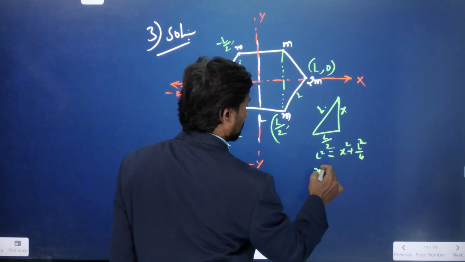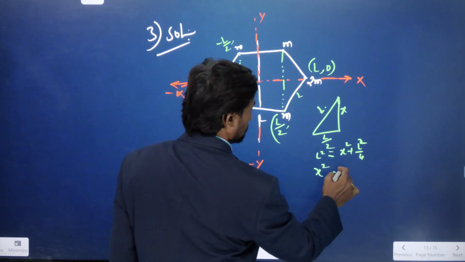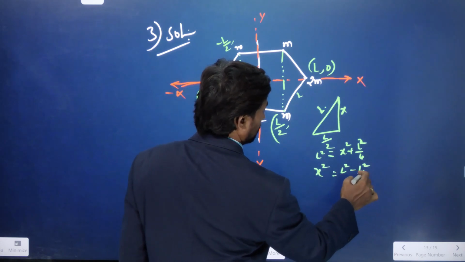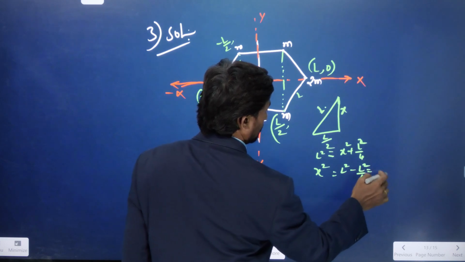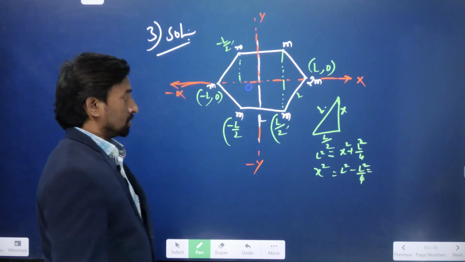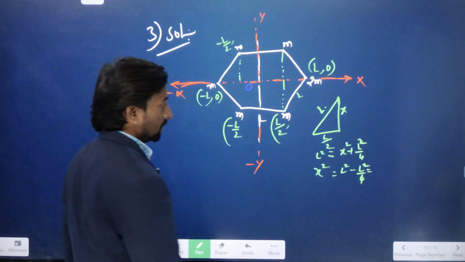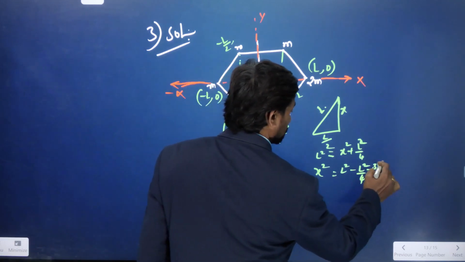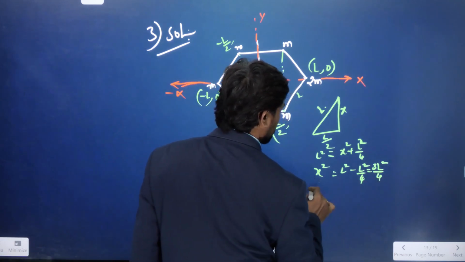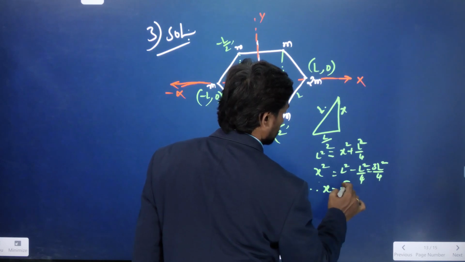Now x square is equal to L square minus L square by 4, which is 4L square minus L square by 4, so we get 3L square by 4. Therefore x is equal to root 3 L by 2.